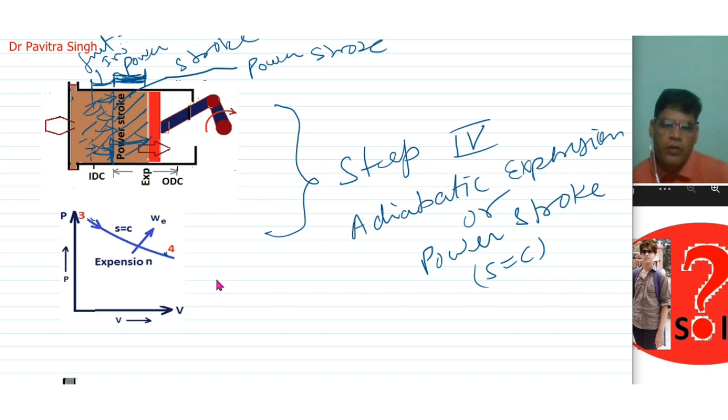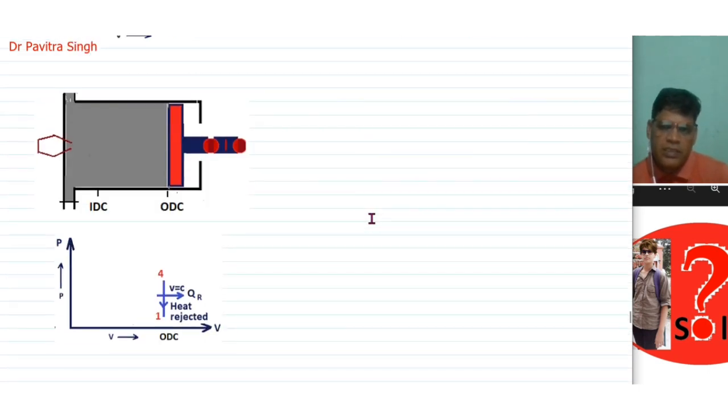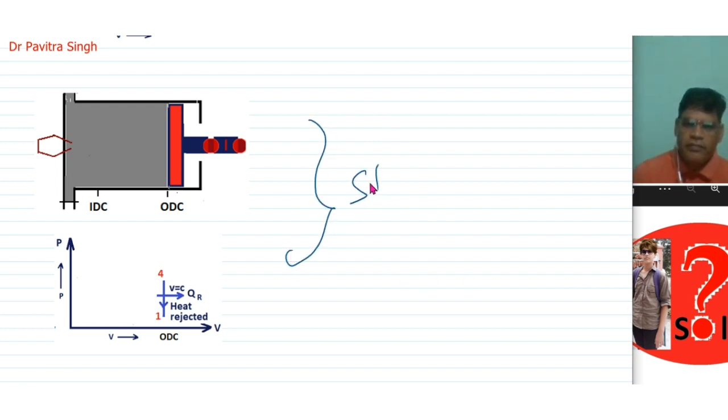Now we will talk about stage 5 or process 5. So now we can say this is step 5. Okay, so here you can see when the piston was moving IDC to ODC, expansion was taking place. Okay, so at the end of the expansion stroke, this piston will be at ODC condition, and this exhaust valve will be open.